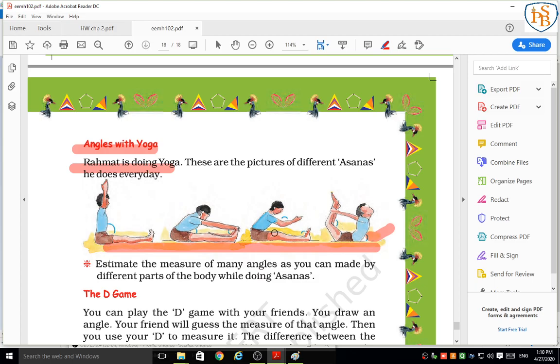These pictures also show us different types of angles. If we see over here, it shows which angle? Very good. Right angle, 90 degrees. If we see over here, then it shows less than or more than? Correct. Less than. This angle shows, correct, more than 90 degrees.